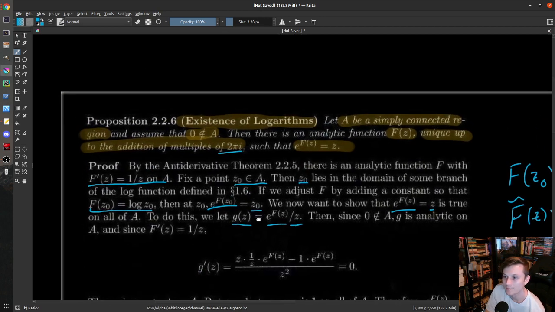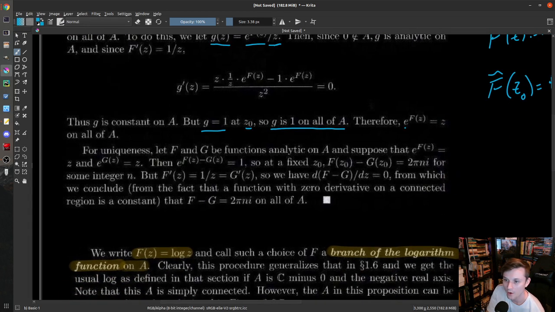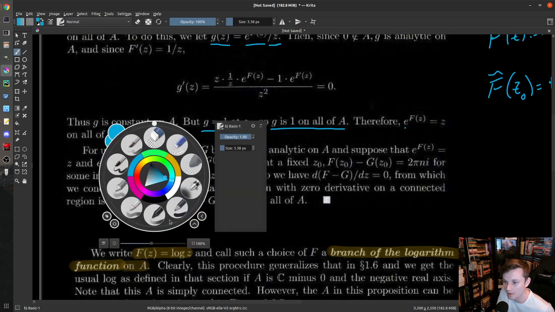Now the piece that we need to wrap up is the uniqueness piece, the uniqueness up to addition of multiples of 2 pi i. We'll let big F and big G be functions analytic on A, and we'll suppose that e to the big F of z is equal to z, and e to the big G of z is equal to z.